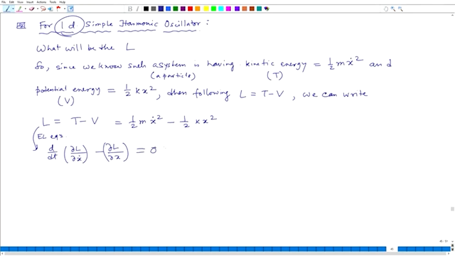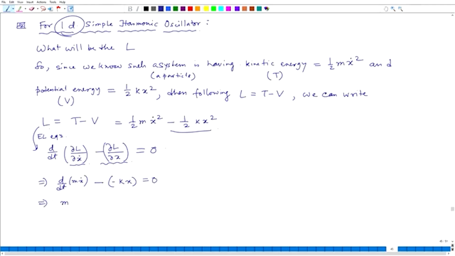And del L del x dot is nothing but m x dot. So, you will have d dt of m x dot minus, since del L del x is minus k x, minus of minus k x is equal to 0.